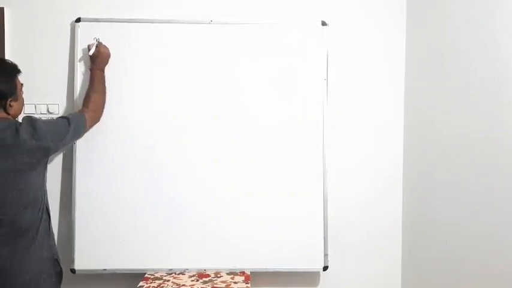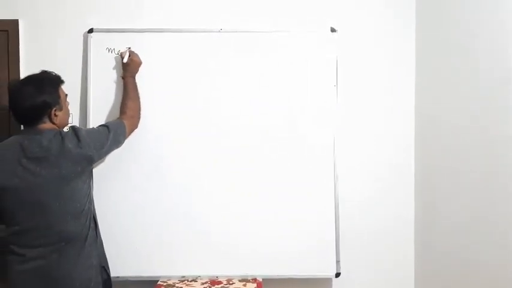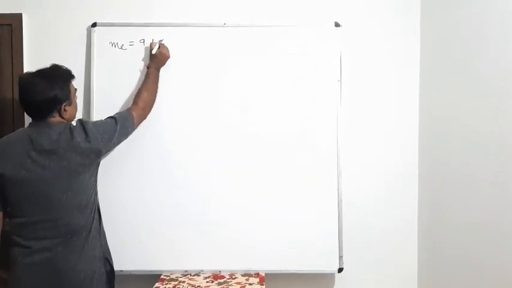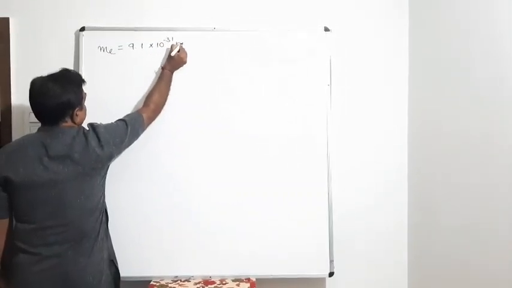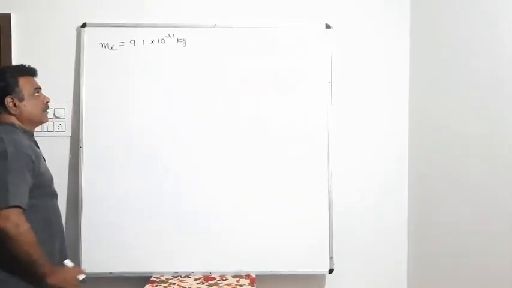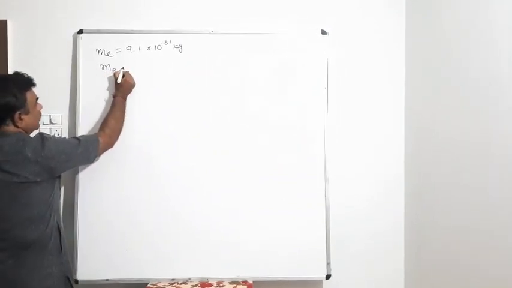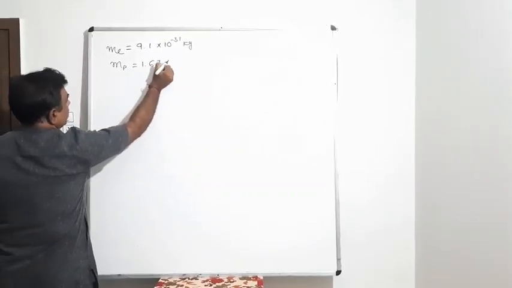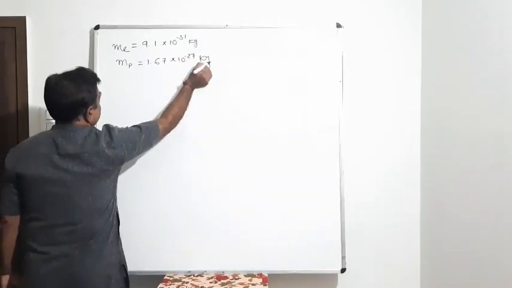As far as mass is concerned, mass of electron is 9.1 into 10 raised to minus 31 kg, and mass of proton is 1.67 into 10 raised to minus 27 kg.